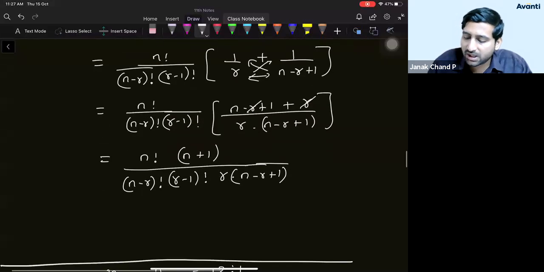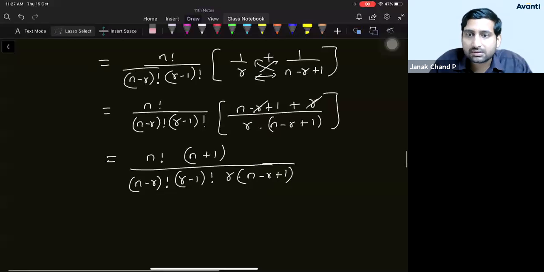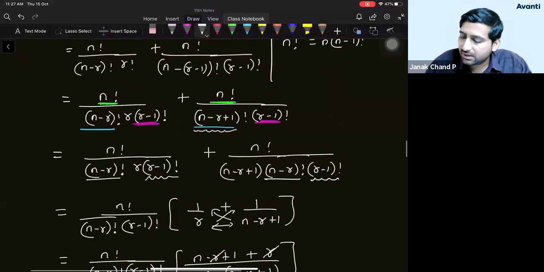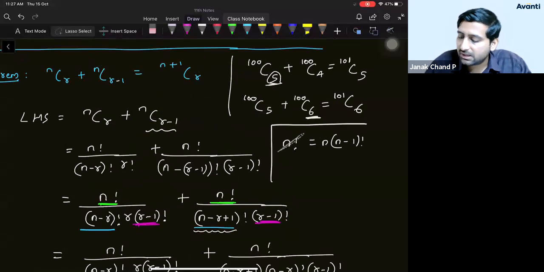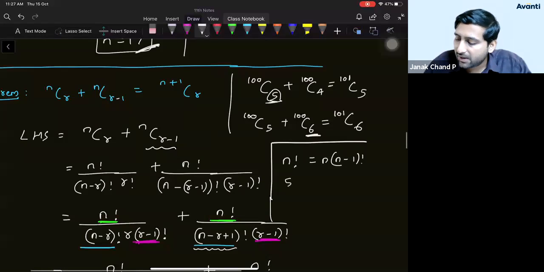Now look at this more carefully, students. We'll be using the property now in the opposite direction. If I have n factorial, I can write this as n into n minus 1 factorial. The opposite of this is also true. It is like if you have 5 factorial, this can be written as 5 into its lower factorial.